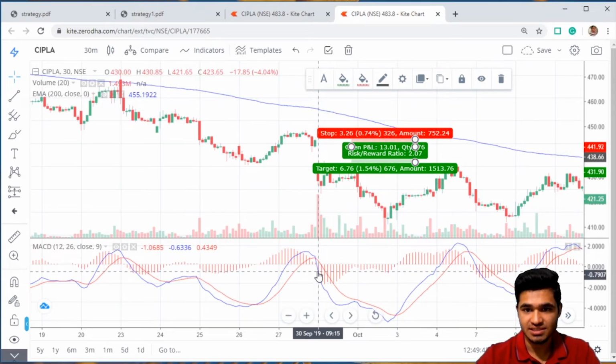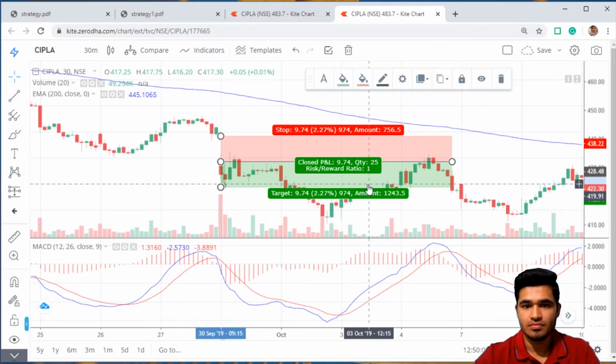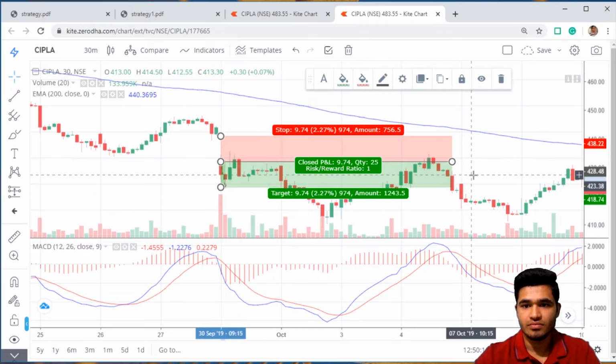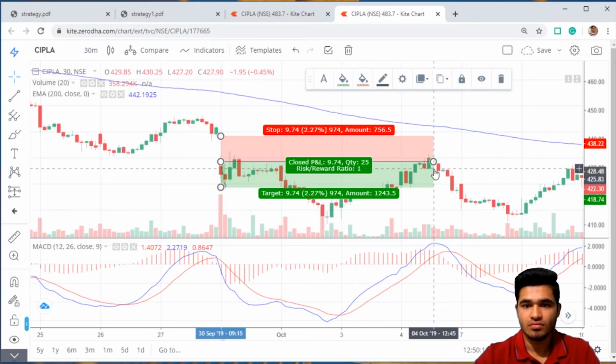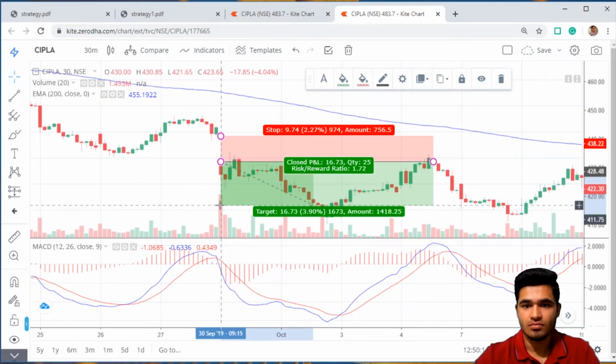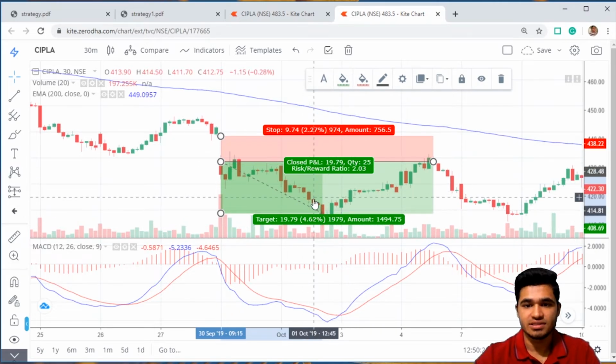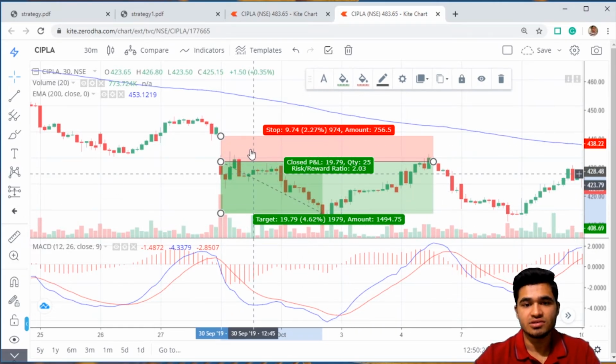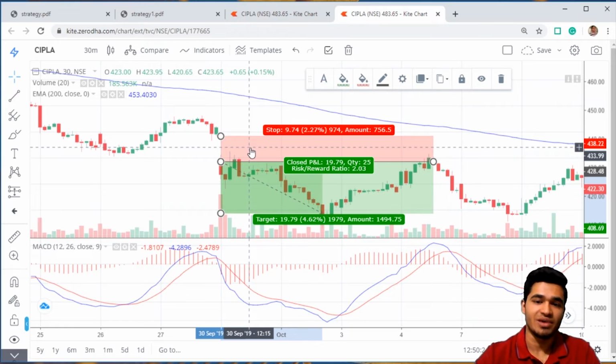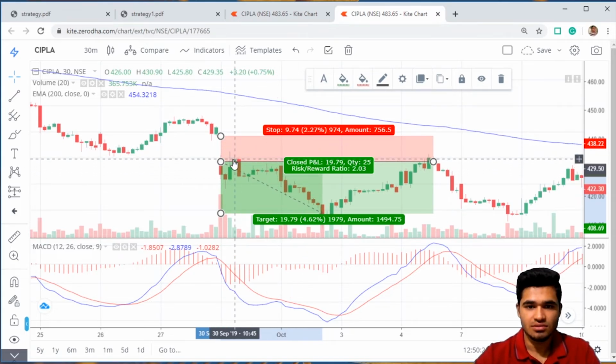This point happens on the next day. See over here. You can buy it over here again. So this is how risk to reward ratio will help you in buying and selling also.